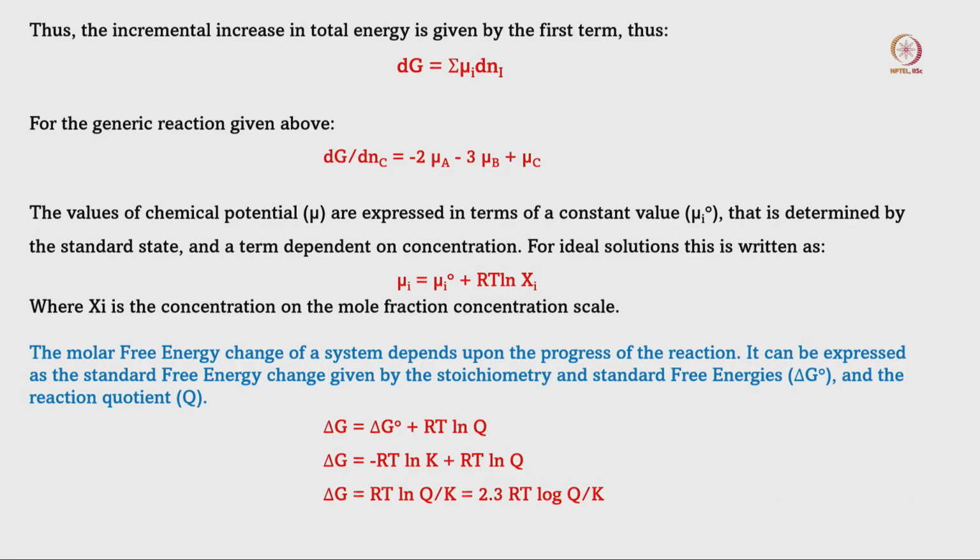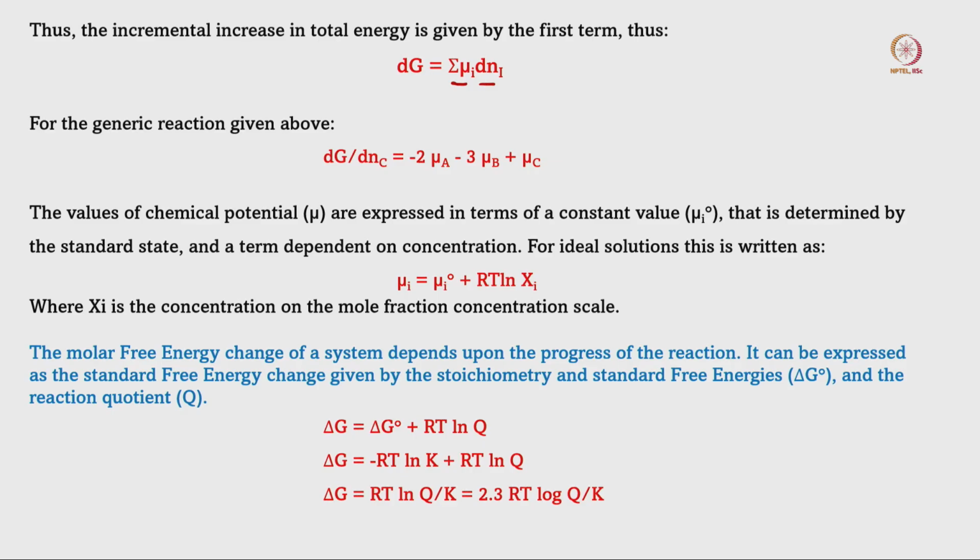Thus the incremental increase in total energy is given only by the first term, that is the summation of mu i into dni. So, that is the change in energy. The other term becomes 0.